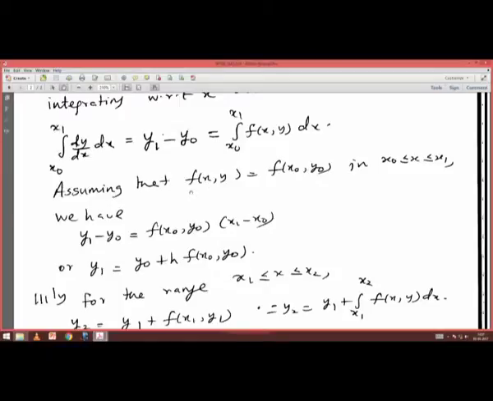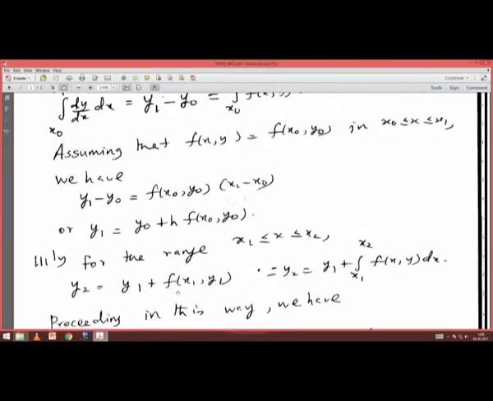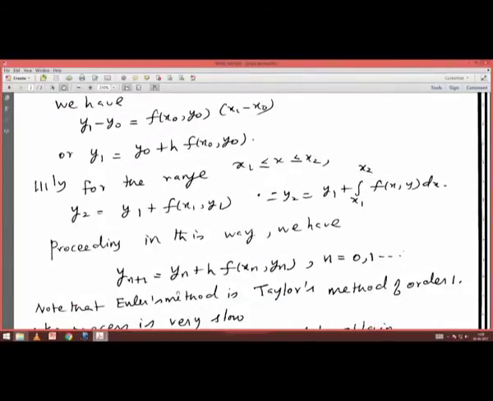So, take f of x comma y to be f of x0 comma y0 in the interval x0 to x1. So, we end up with y1 minus y0 equal to f of x0, y0 into x1 minus x0 when we perform the integration. But x1 minus x0 is h. So, we have y1 equal to y0 plus h into f of x0, y0. Once we know y1, I move on to y2.